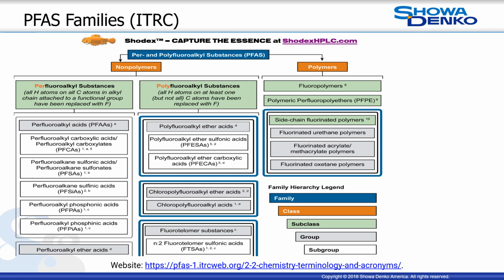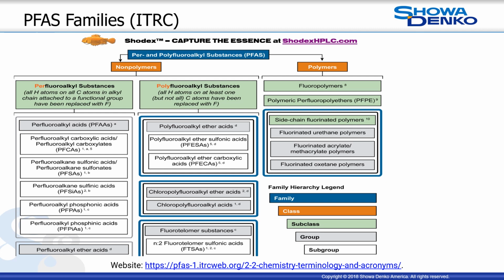PFAS comprise an incredibly wide variety of over 3,000 different compounds. In the words of Ian Cousins and colleagues from the 2020 article, Strategies for Grouping Per and Polyfluoroalkyl Substances, PFAS, to Protect Human and Environmental Health: the PFAS class comprises distinct substances with very different structures and properties: high molecular weight polymers and high molecular weight nonpolymers, neutral, anionic, cationic, and zwitterionic substances, solids, liquids, and gases, highly reactive and non-reactive inert substances, soluble and insoluble substances, and volatile and involatile substances.